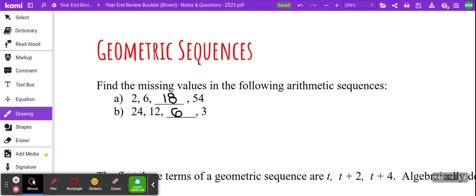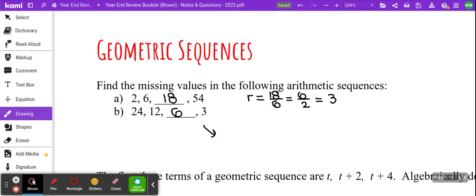1/2. Now, a reminder, to get your common ratio, you can take any term and divide it by the one in front of it. So if I, in my top one, wanted to get that, I could take 18 divided by 6. I could take 6 divided by 2. They all would work out the same. The ratio was a 3. So if you can't see it right away, you take any term, divide by the one in front.